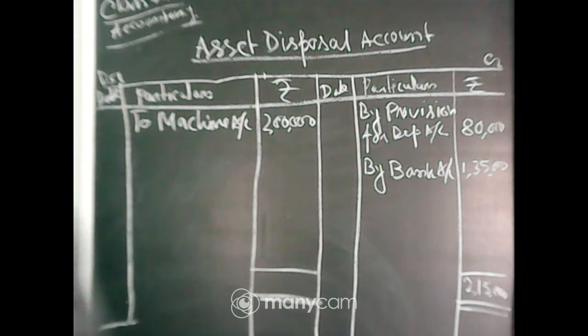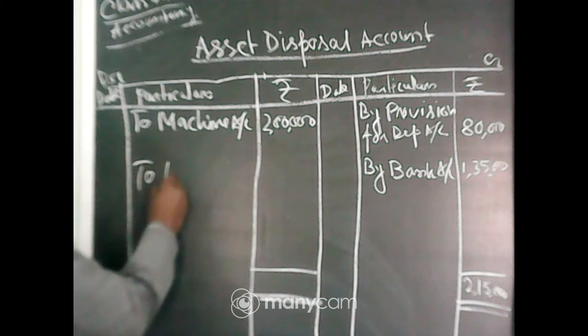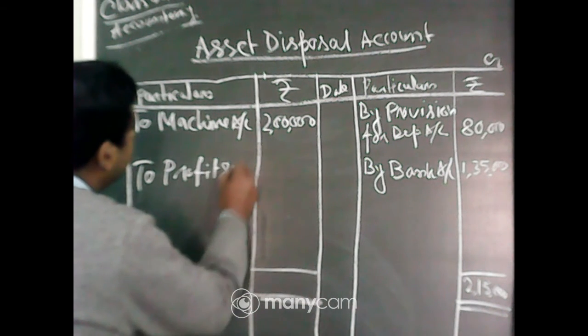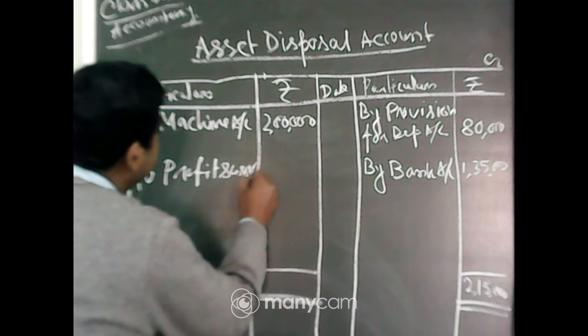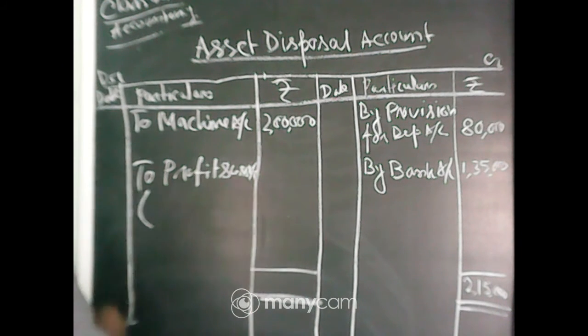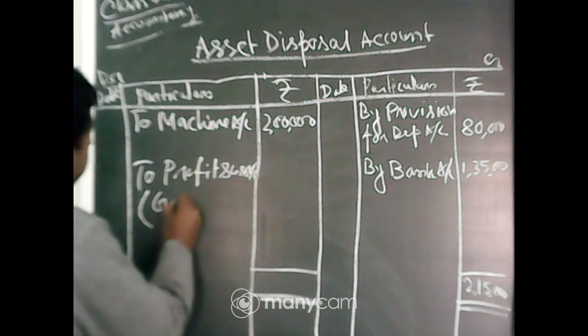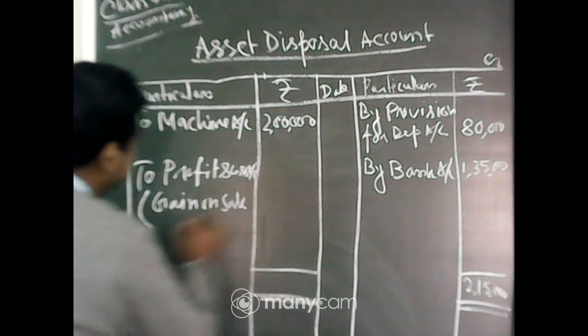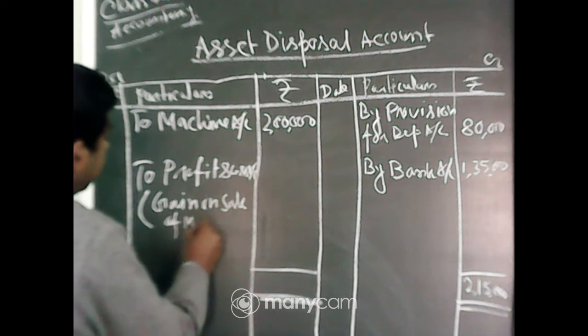Because in case of profit, what entry do we pass? Asset disposal account debit to profit and loss account. So to the profit and loss account, this is not our business income, so we will write gain on sale of machinery, gain, not profit, gain on sale of machinery.